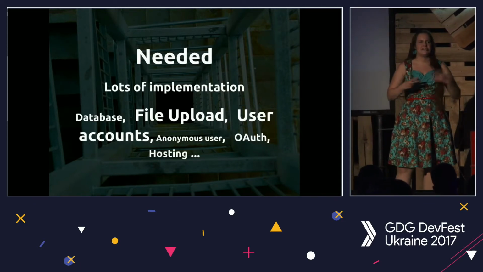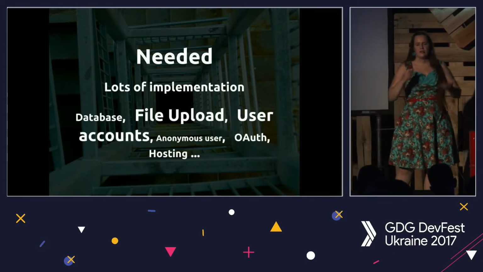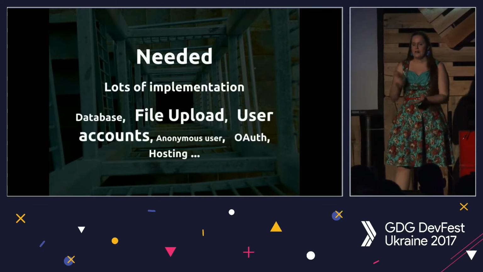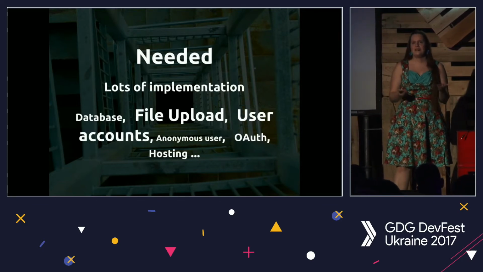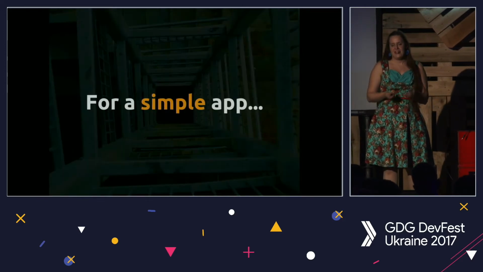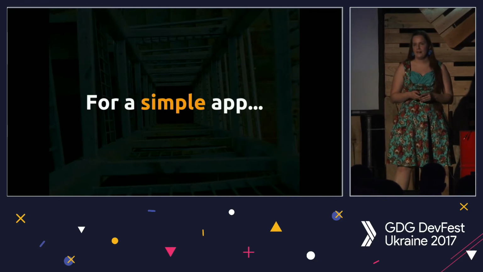We should do a database, sometimes file upload. We should do some authentication, user accounts, maybe anonymous users, OAuth. And then we need to solve where we will host our app. That's quite a lot of things for a simple app.